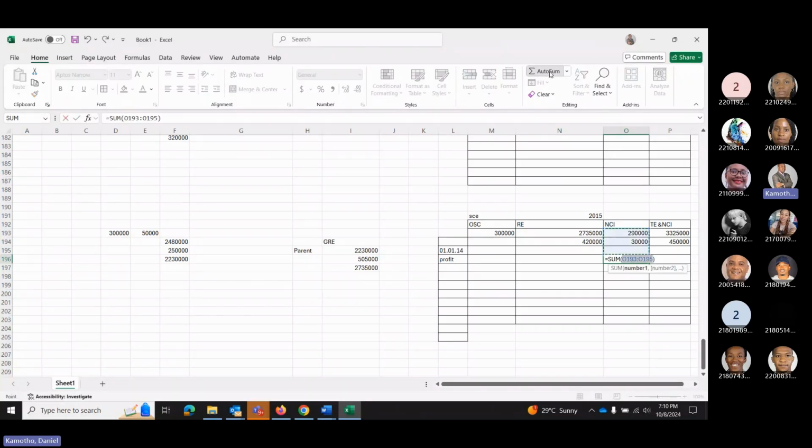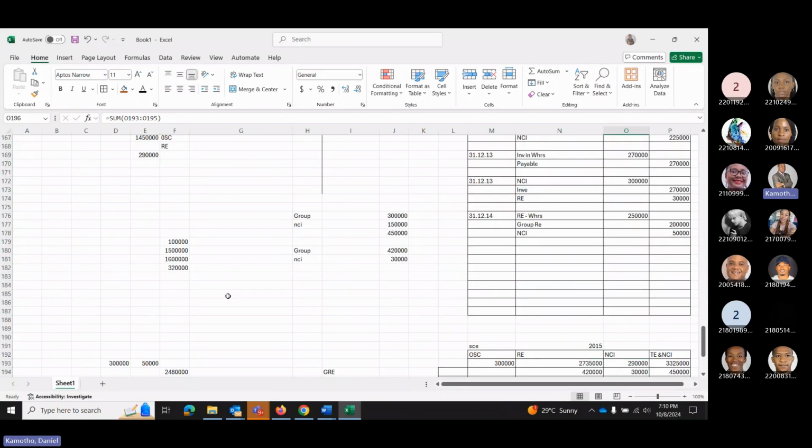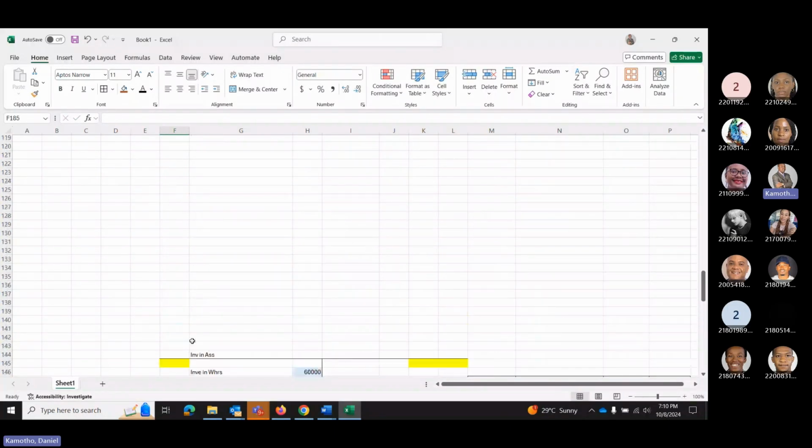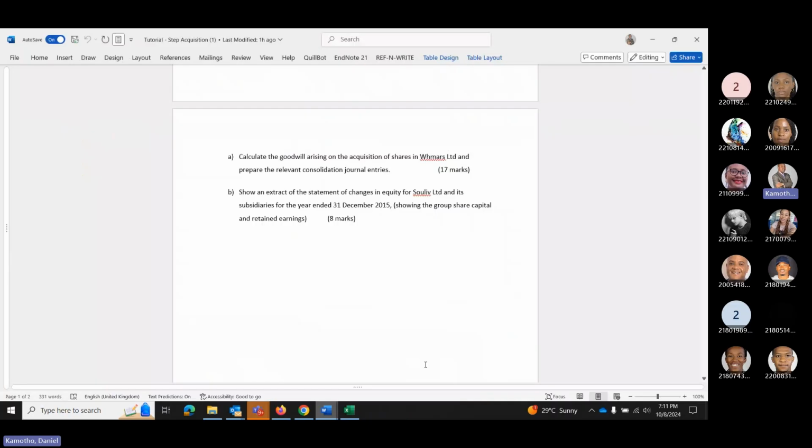At the end of the year it is 320, and 320 is the net asset, representing 20% of the net asset.